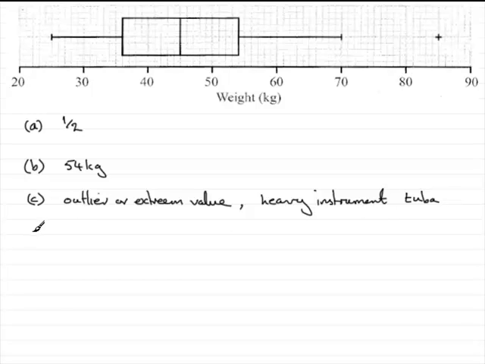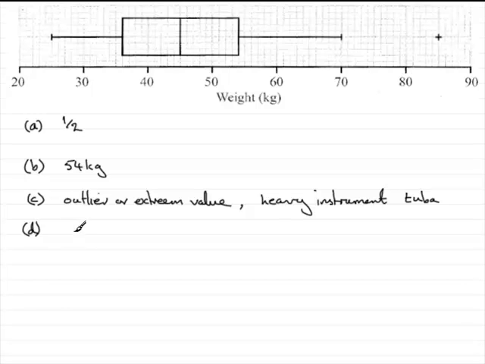Okay, finally then we've got part D, and we need to work out what the skewness is. Now, to work out skewness, what you need to do for box plots is just have a look at the gap here and here. Work out the difference between the quartiles.